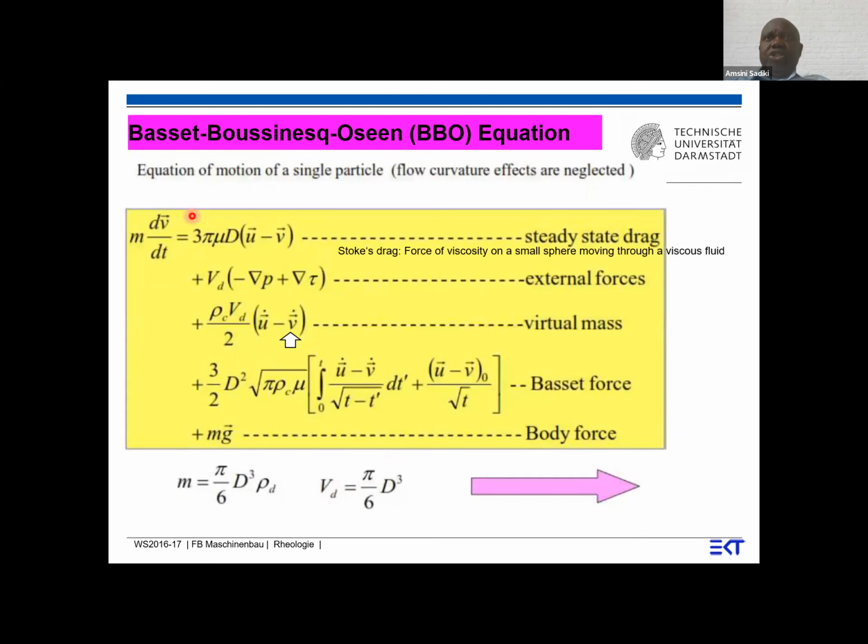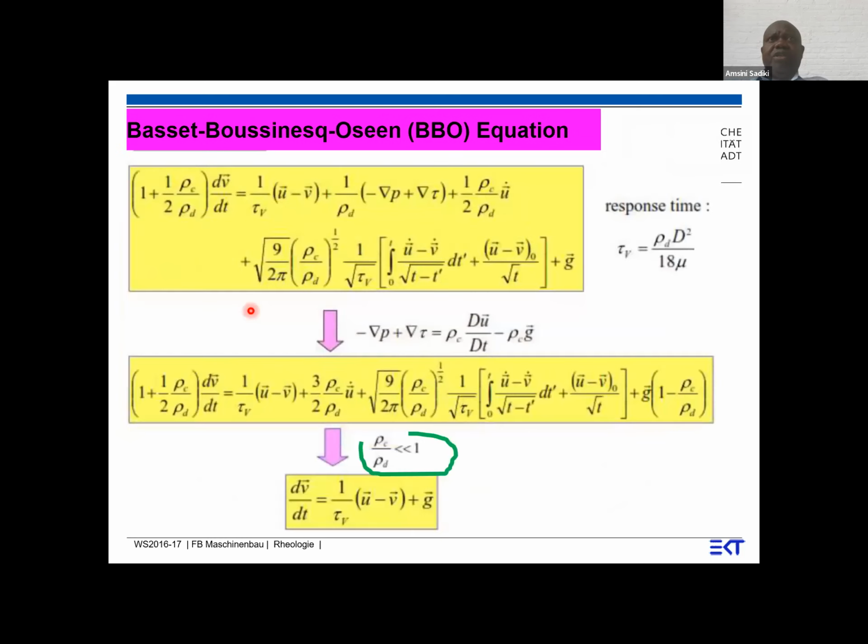In which this term here, we move to the left part, and this gives us 1 half plus 1, and this is what we have here. The other forces remain like they are, divided by m, and in m we replace the volume of the particle by its expression.